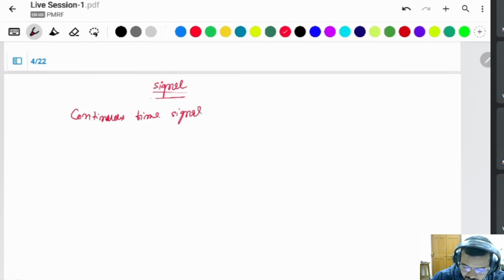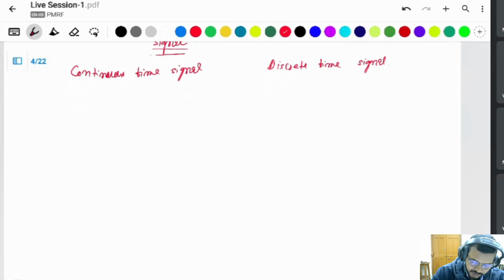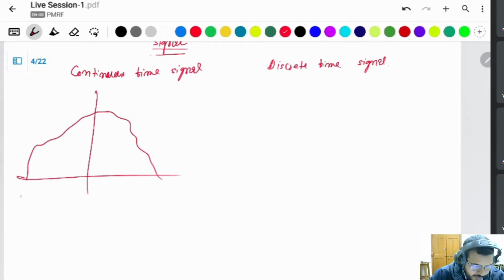Continuous time signal and discrete time signal. In continuous time, you can get the value of x(t) at any instant of time, from a to b.